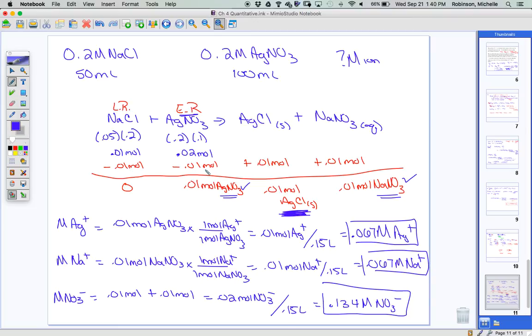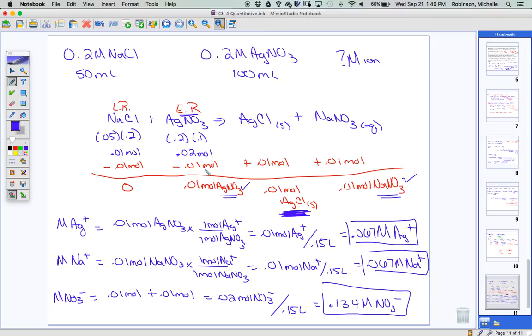Sorry. If Ag was like lithium and the AgCl didn't make a reaction, then the Na would have the same molarity as the other, and nitrate would have the same molarity as Ag because Ag didn't get used up at all. Say that again. If what was lithium? Ag, because Ag wouldn't form anything with Cl, but it still has a +1 charge.